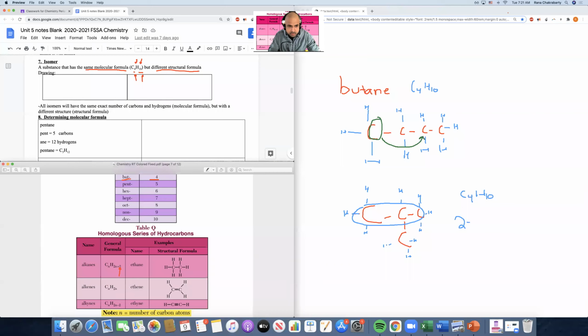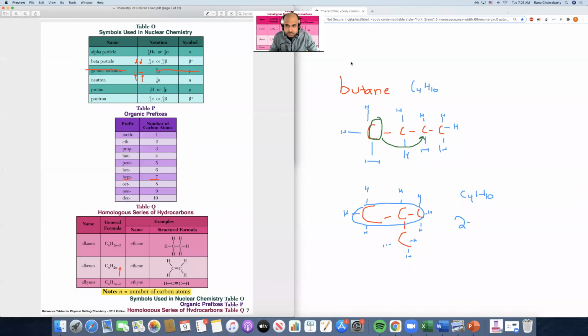If you're not sure, meth is 1 carbon. So if I have 1 carbon coming off, you use the prefix meth. If I had 2 carbons coming off there, it'd be ethyl. But since it's only 1 carbon, it's 2-methyl.